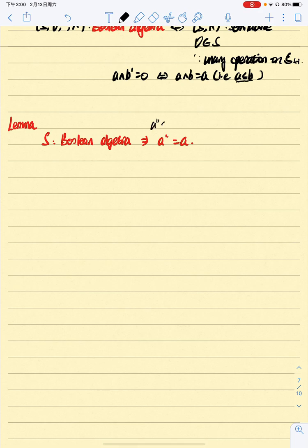First is A double prime smaller than A, and A smaller than A double prime. To start with, A double prime smaller than A.